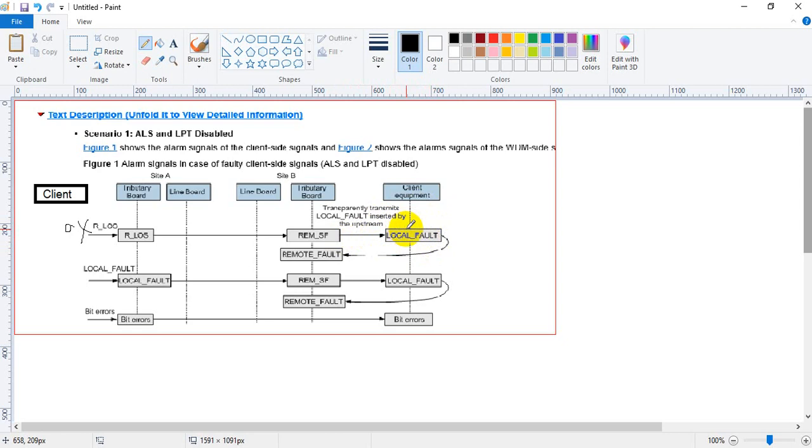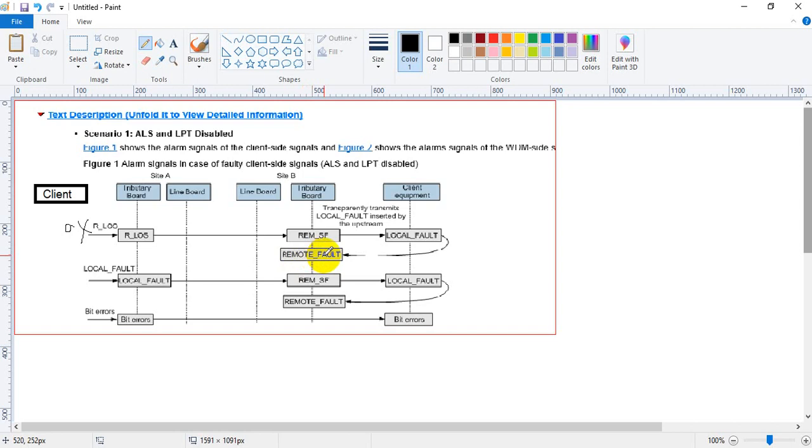The output of that default code is read by the client equipment, and that will give a local fault alarm. Once it gets a local fault alarm, that equipment will insert a remote fault, and that will be shown here at site location B of OTN. So there will be a remote fault.